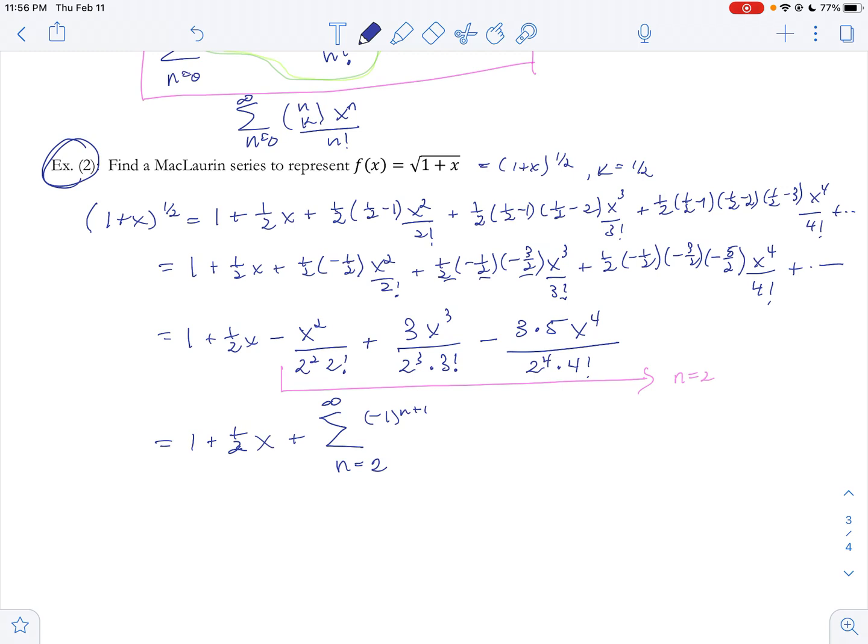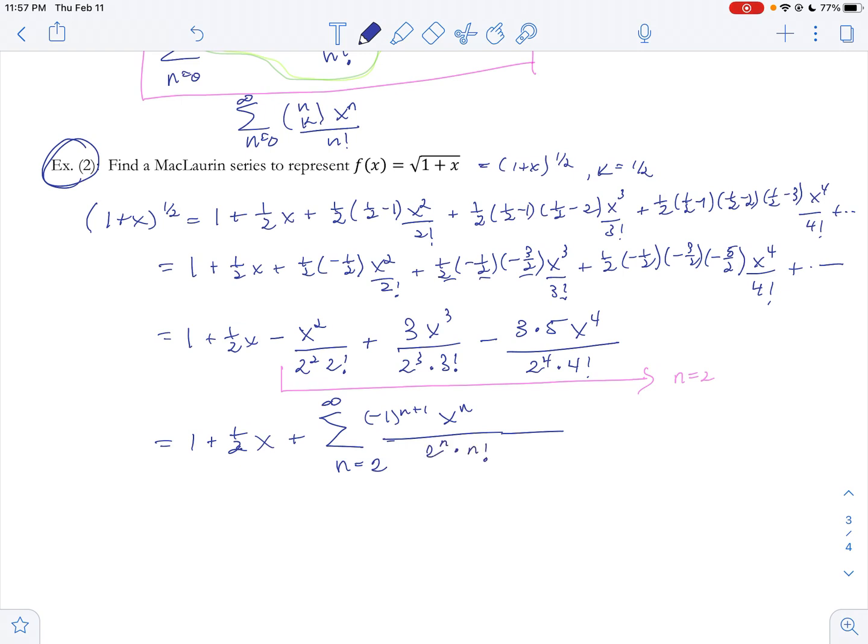Now, the coefficients of the x terms are a little confusing. We'll talk about that in a minute. Let's talk about the x's. We do have x squared, x cubed, x to the 4th, so we've got x to the n. And then in our denominator, it looks like we have 2 squared, and then 2 cubed, and 2 to the 4th. So 2 to the n times n factorial.